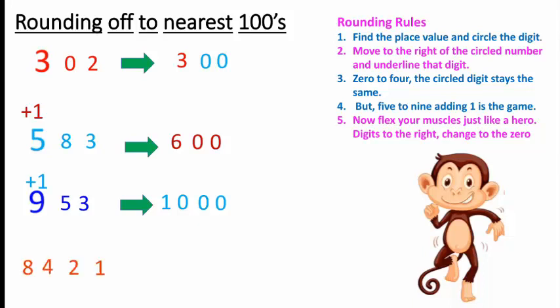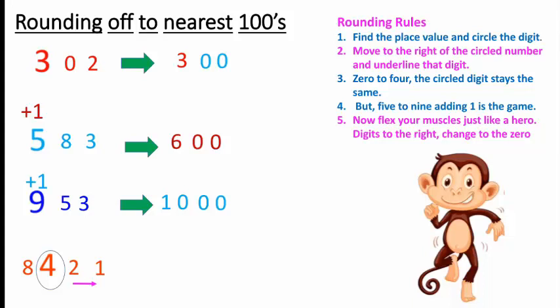Come to the next number, 8421. Now find the digit present in the hundreds place. You can see the digit present in the hundreds place is 4. Let us place a circle for this digit. After placing a circle, we have to move to the next door digit.